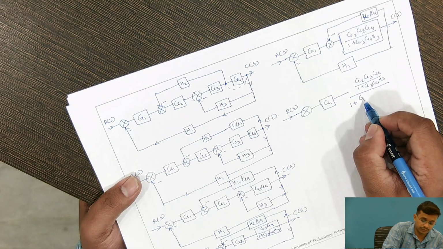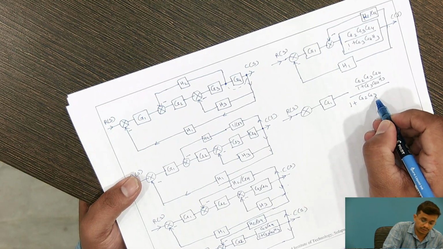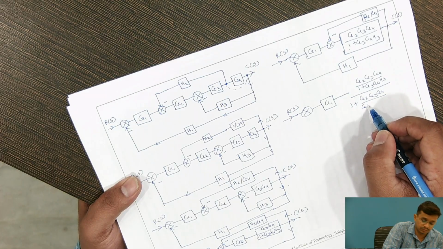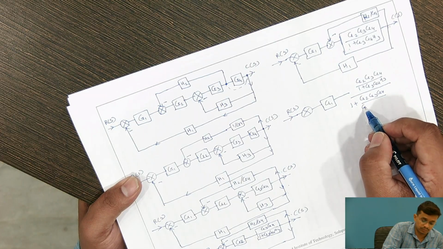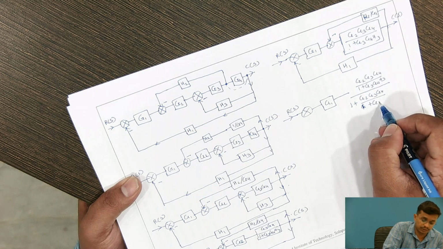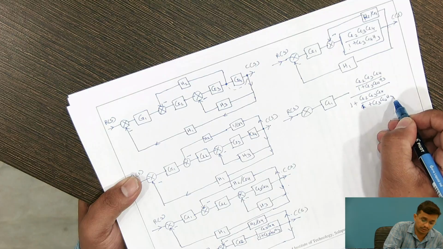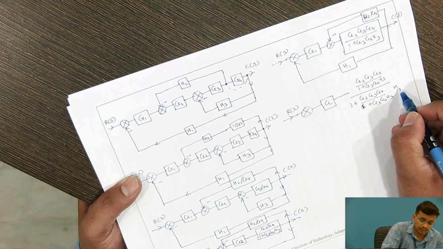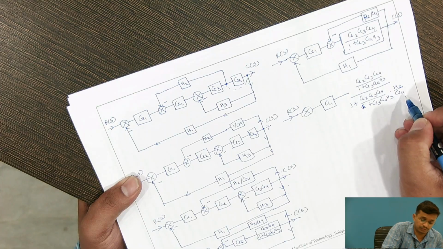It will be G2 G3 G4 upon 1 plus G3 G4 H3 into this particular block, H2 upon G4.